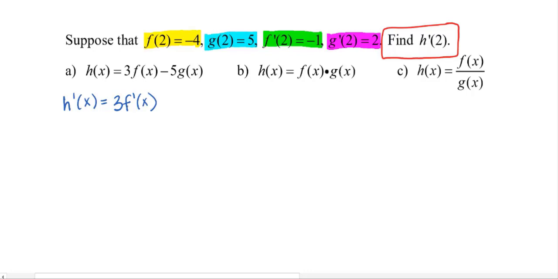The derivative of f is f prime. Minus, again, coefficients will stay, 5 g prime of x. And what I want you to get in the habit of doing, now that I'm trying to find h prime of 2, is to write my h prime of x, the step I have above, but everywhere I have an x, I'm going to substitute in a 2.